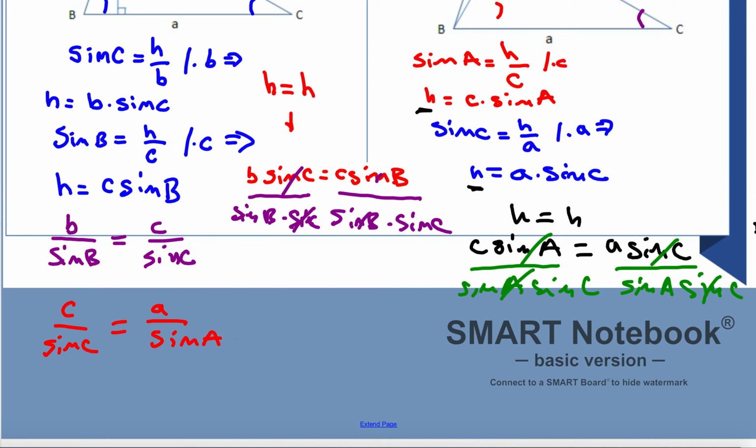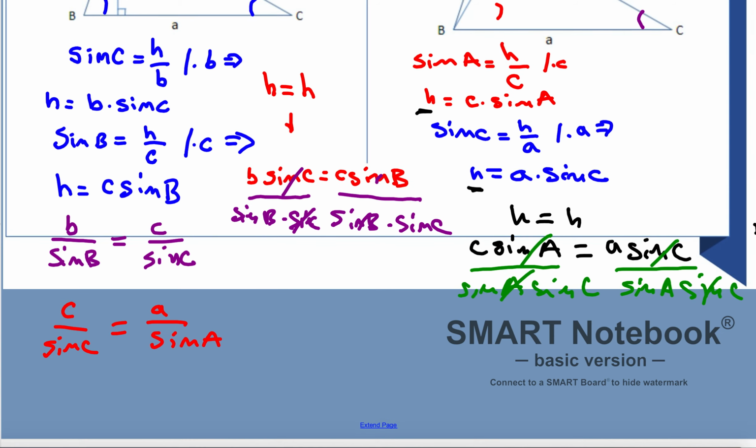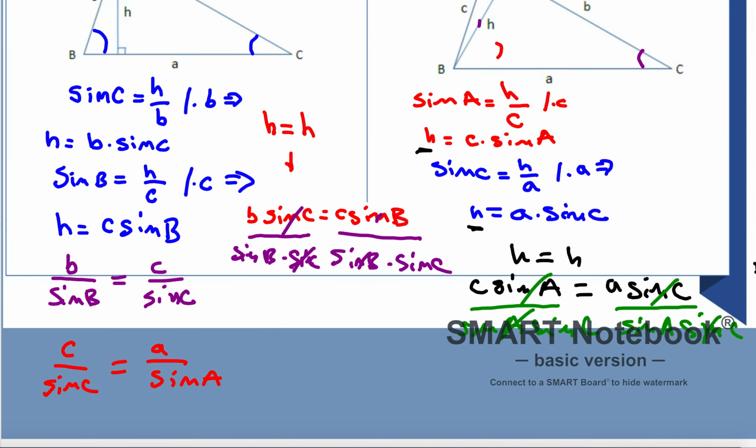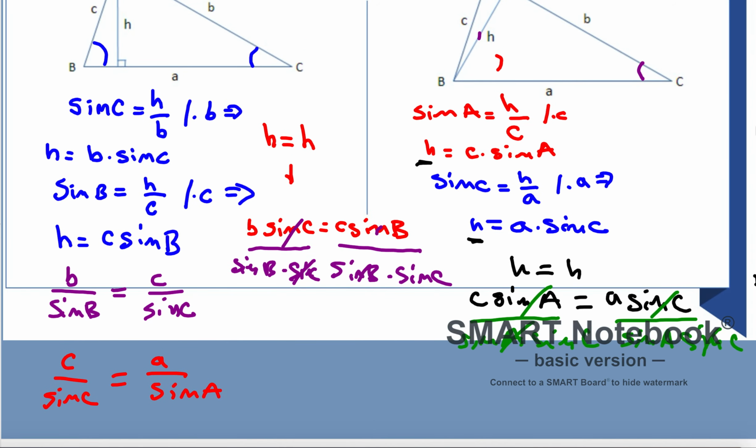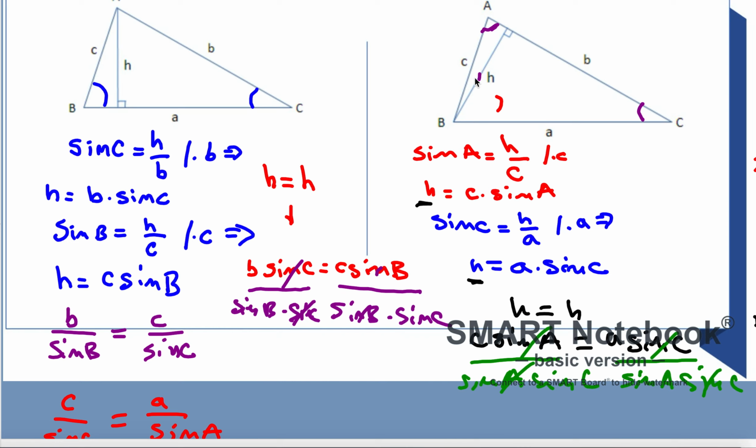Okay, now if we go to the third figure, we erase this segment and construct a segment from point C perpendicular to the segment AB.